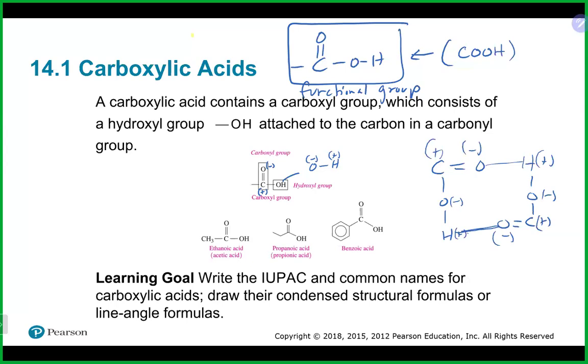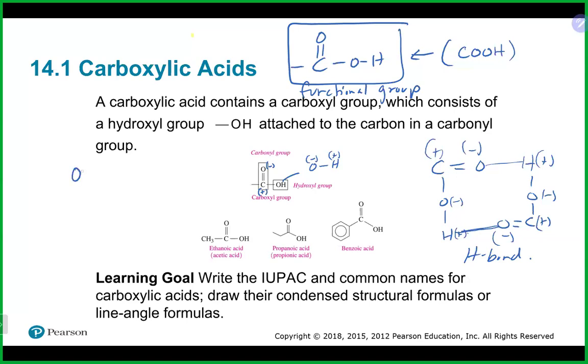Because of that, they are held together really tightly, and they typically have very high boiling points and melting points. So they're probably at the top of the organic list in terms of boiling points and melting points, because of those two functional groups being able to hydrogen bond with each other pretty easily.